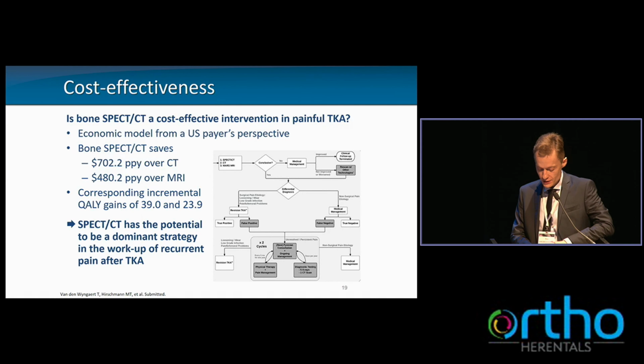But what was interesting, if you position SPECT-CT against just regular CT or MRI, we could show that bone SPECT-CT in fact saved money in the post-TKA setting, but also that it was associated with a gain in quality-adjusted life years, so your patients do better. So really, this technique has the potential to become a dominant strategy in the workup of TKA.